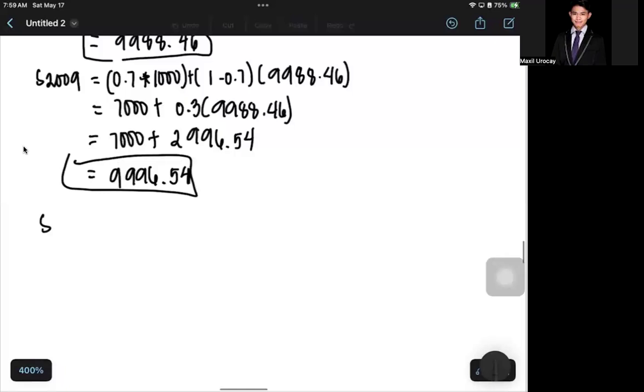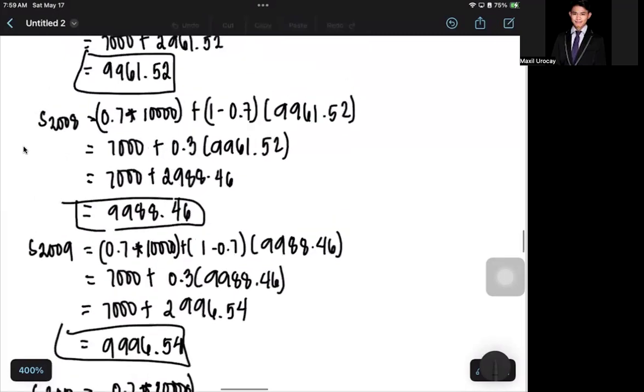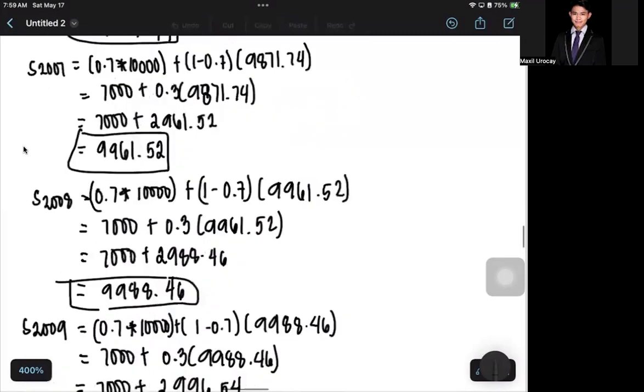So for the forecasted data for 2010, it will become 0.7 times 10,000. This is not 1,000, okay. That is 10,000. Remember that we have 10,000.